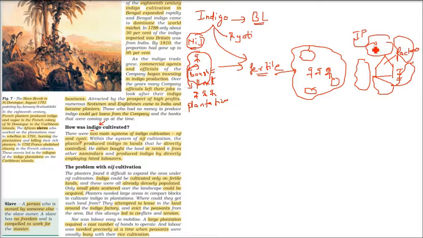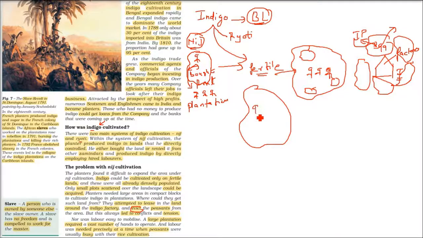The transportation cost could be reduced. But when they wanted to evict these people, because peasants were already there, near the factory, they forcefully tried to evict them, khali karwaya. Now when somebody has been living on land for years and you forcefully want to evict them, that will lead to conflict and tension between the planters and the peasants.